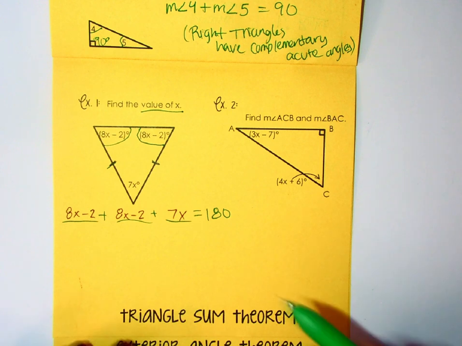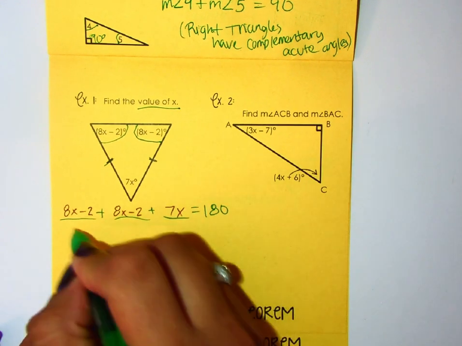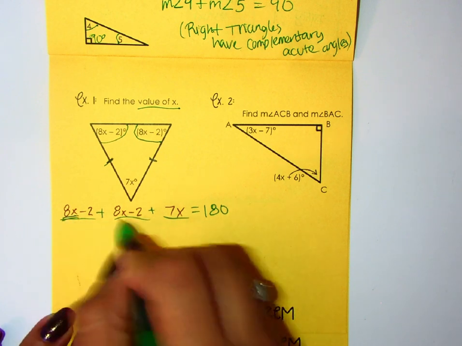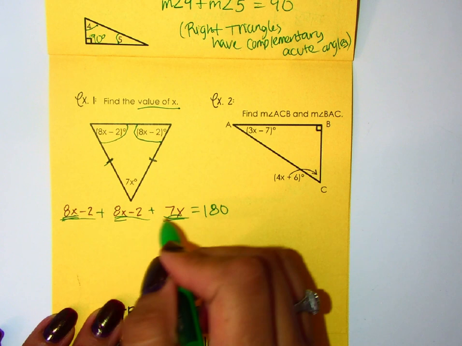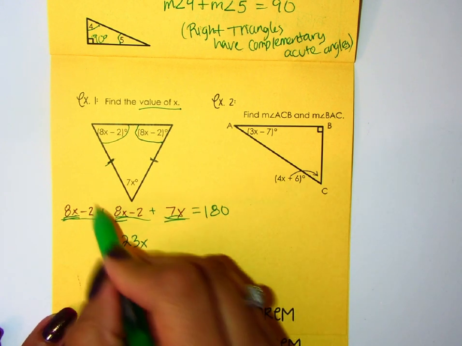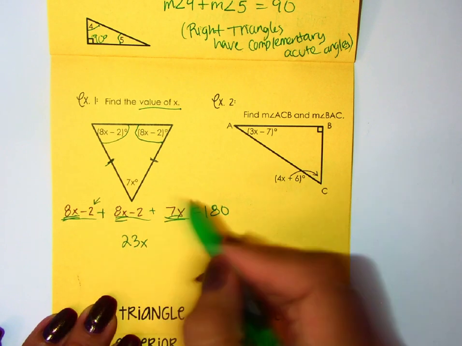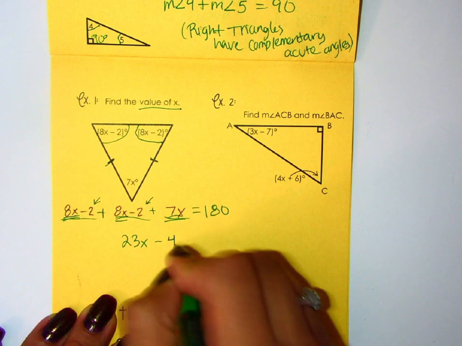And to solve for x, or find the value of x, is just solving for this equation. So the first thing we do is combine like terms. All the x's are combined. 8 plus 8 is 16. 16 plus 7 is 23. And then we do the numbers, negative 2, and then another negative 2. So that results in minus 4.